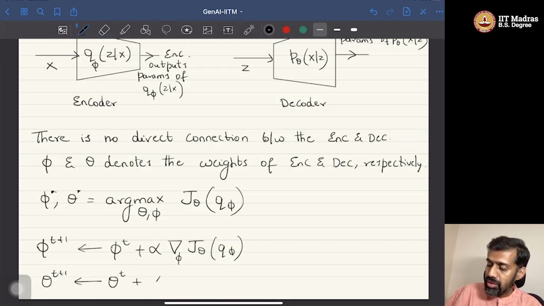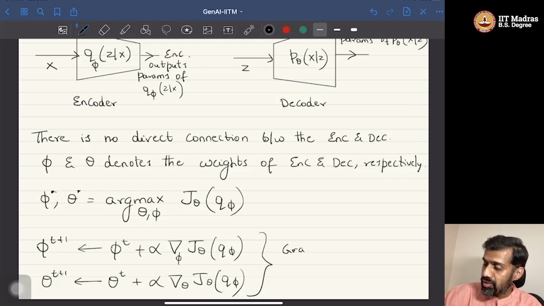We have another learning rate, so it can be anything. This is the gradient of the same ELBO with respect to theta. Here alpha is the gradient step size. This is the usual gradient descent to learn the encoder and the decoder networks.